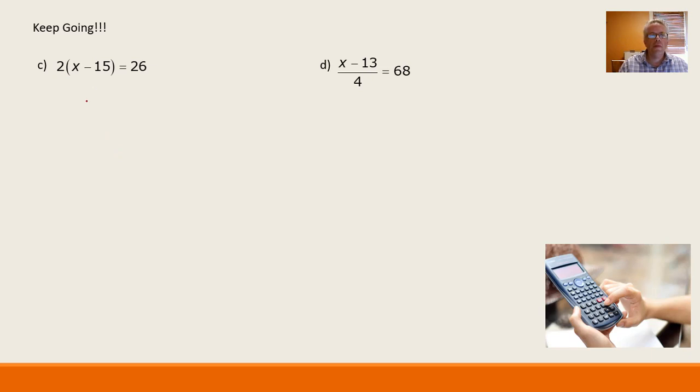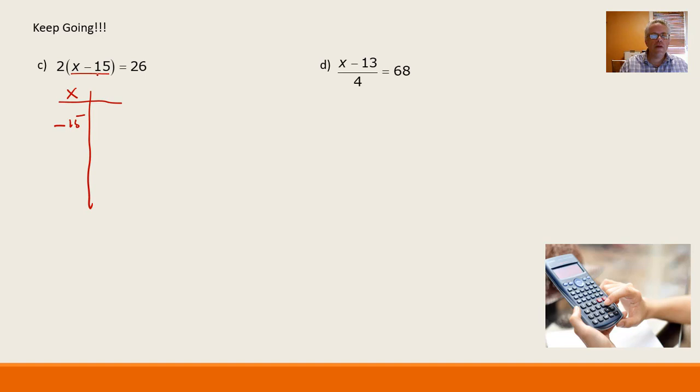Here's our third example. This one has some parentheses. It's a little bit different than the other two. If I put in a number for x, because of the parentheses, the first thing we're going to do is subtract 15. So let's start drawing our T-chart. Let's put x here. Because of the order of operations, the first thing is subtracting 15. Parentheses come first.